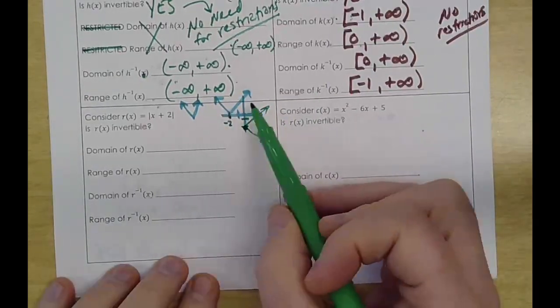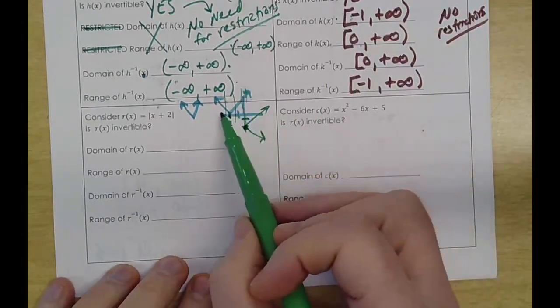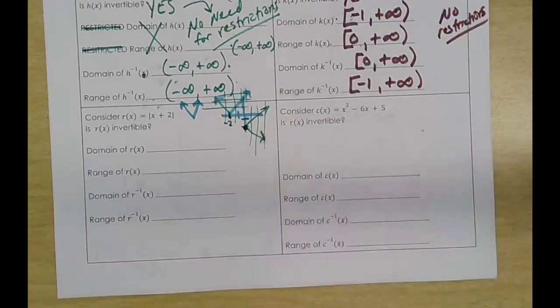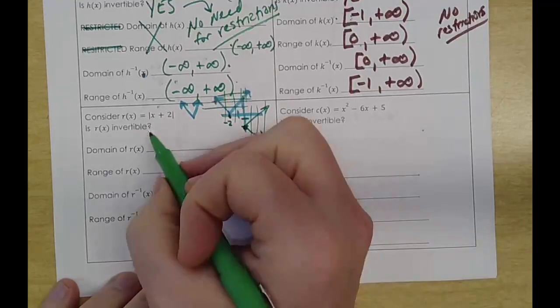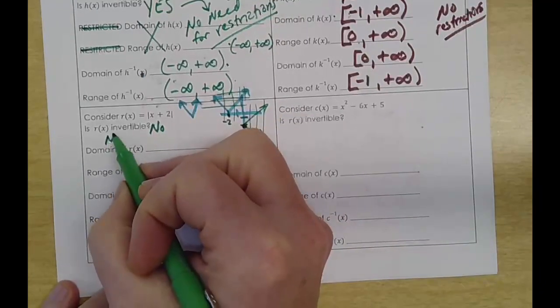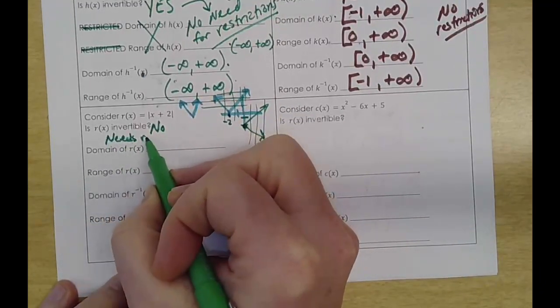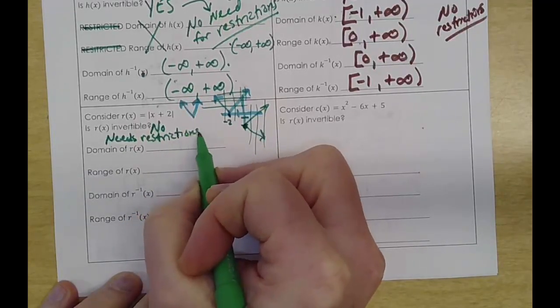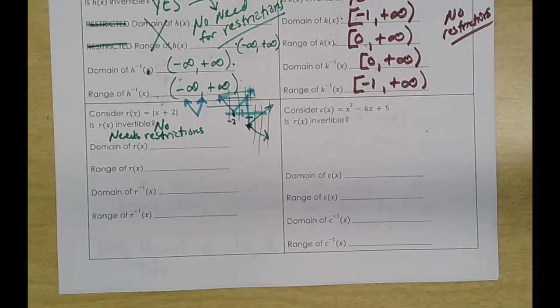So is it invertible? This would pass the vertical line test. It would not pass a horizontal line test. That lets you know this would not be invertible. So the answer is no. Needs restrictions if we're going to make it an invertible function. Okay?